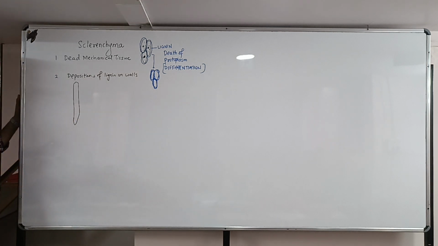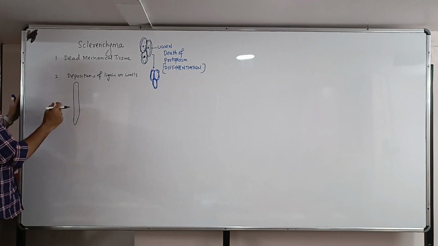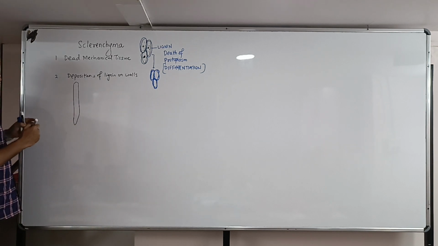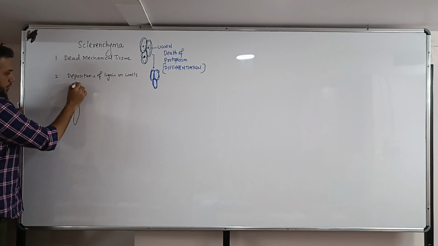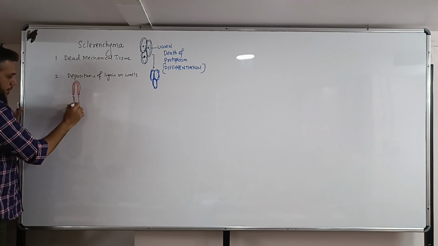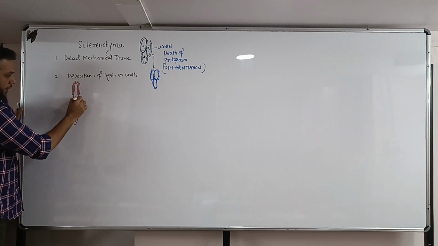Right, guys? How are the cells? Elongated. And the walls are lignified.